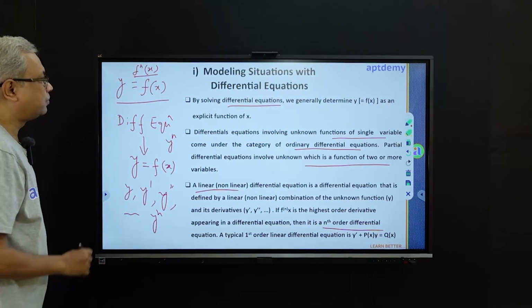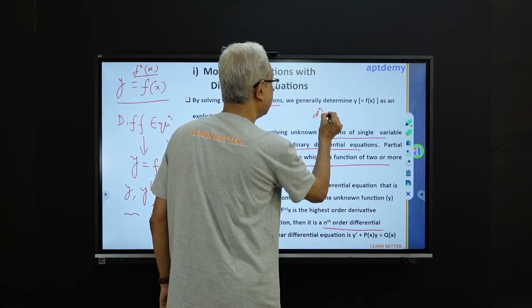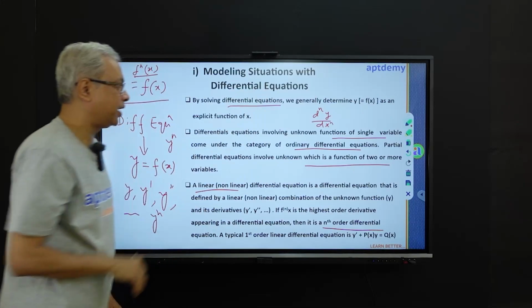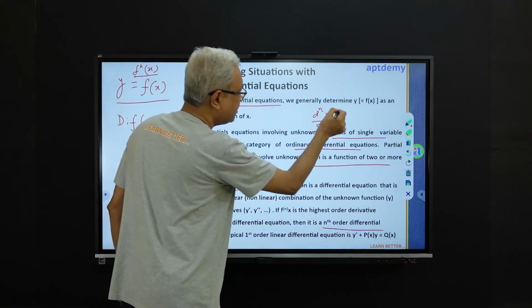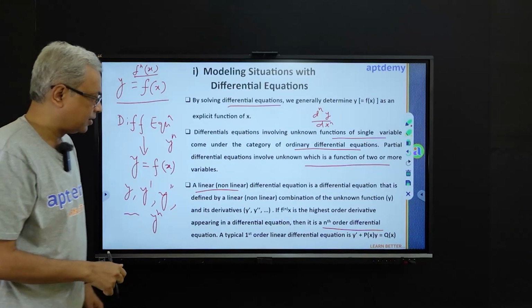That means if a term like d^n y / dx^n appears, where n is an integer, then it is an nth order differential equation.